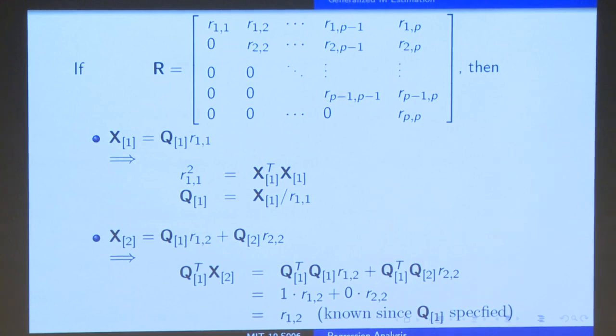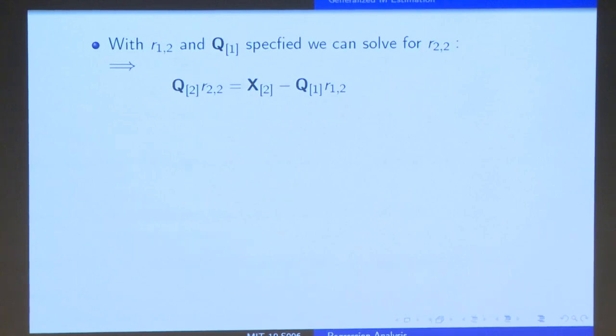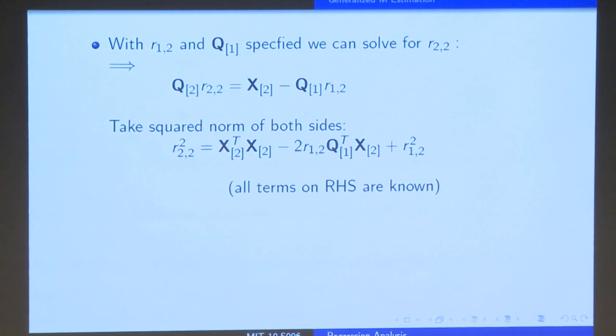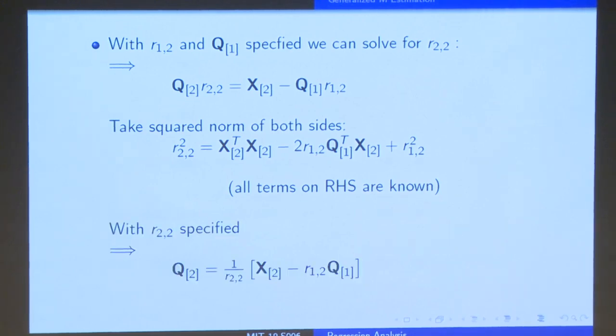So we have just solved for R12, and Q2 is solved for by the arguments given here. Basically, we are successively orthogonalizing columns of X to the previous columns of X through this Gram-Schmidt process, and it can be repeated through all the columns.